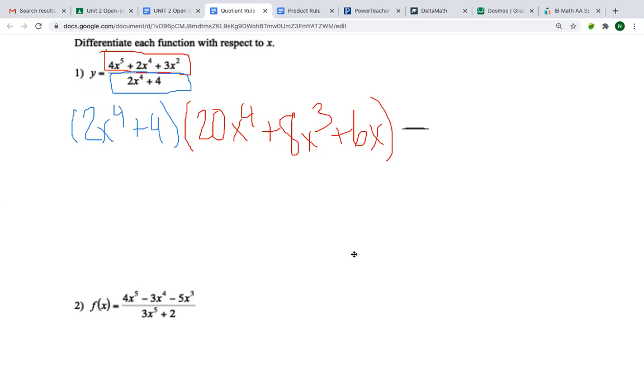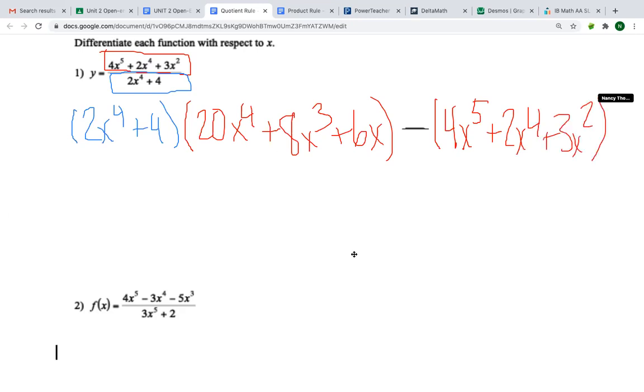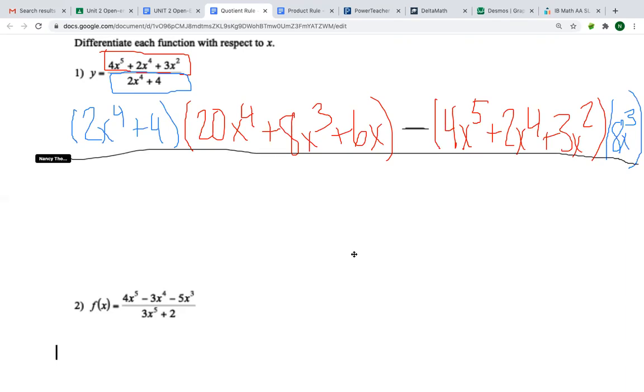So we have 4x to the 5th plus 2x to the 4th plus 3x squared times the derivative of the other one, which is just 8x cubed. Thank goodness, it wasn't very long. And all of this is going to be divided by our V squared.